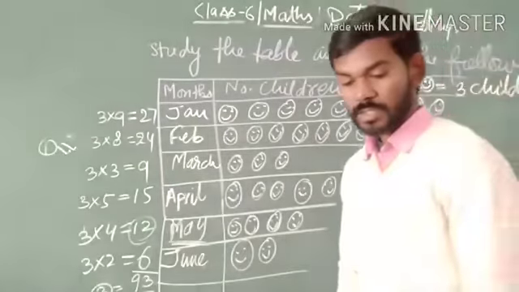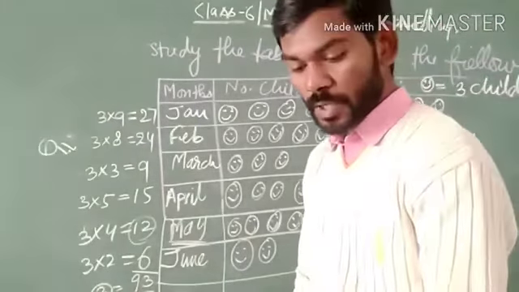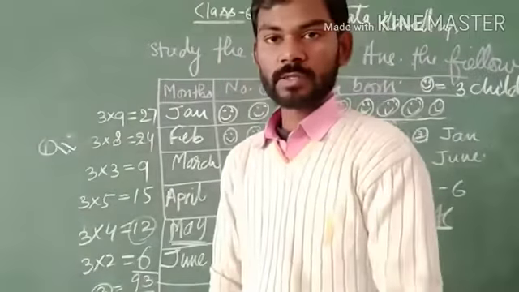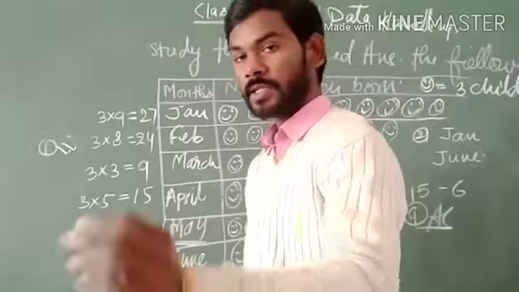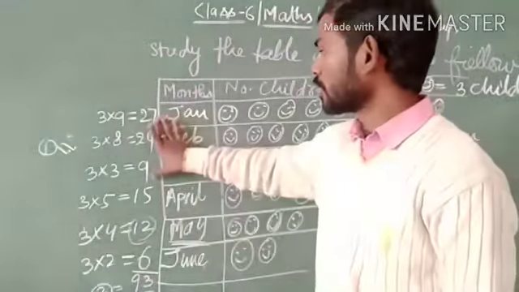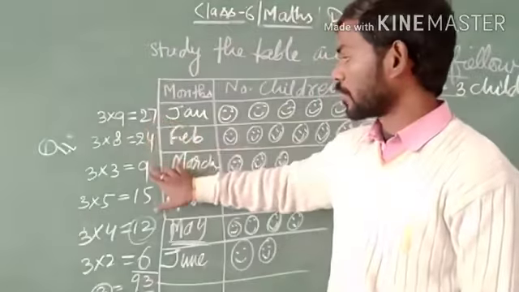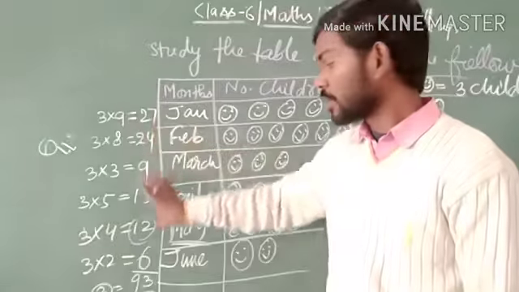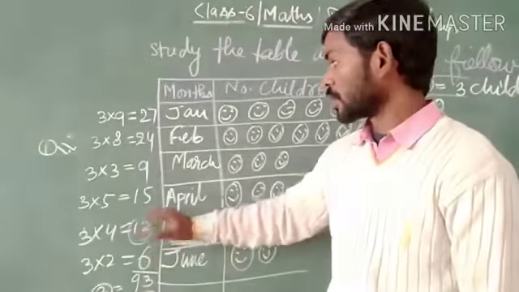In the next question, in which 3-month period were more children born, the first 3 months or the last 3 months? Here we can see that in the first 3 months, the number of children born is greater than in the last 3 months.